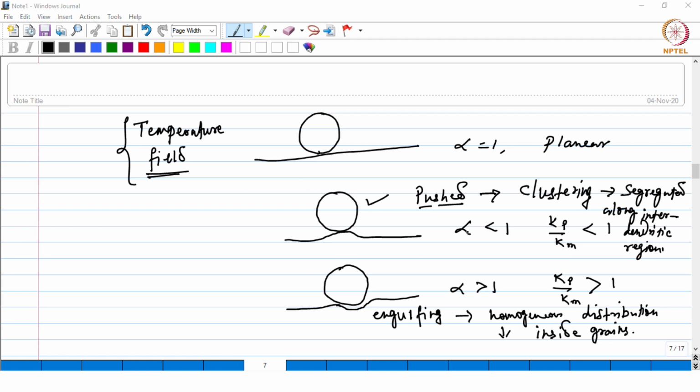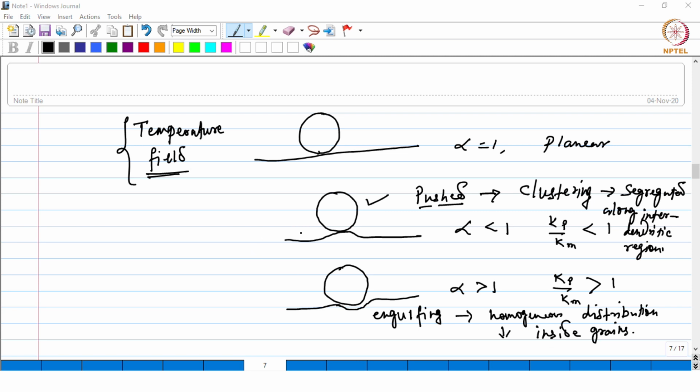And based upon that, the particles can be either pushed or engulfed. Pushing will lead to clustering or segregation of the particles along the interdendritic region, and engulfing, on the other hand, will lead to uniform distribution of the particles in the grains.